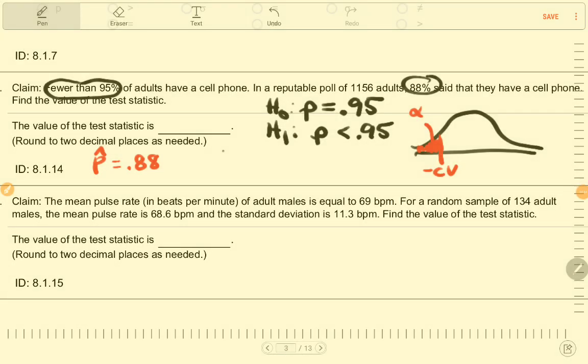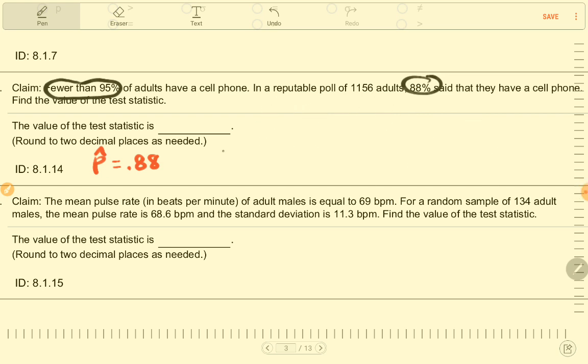So the formula is z equals p hat minus p over the square root of pq over n. All right, so what we do is we take our 0.88, we subtract the claimed value.